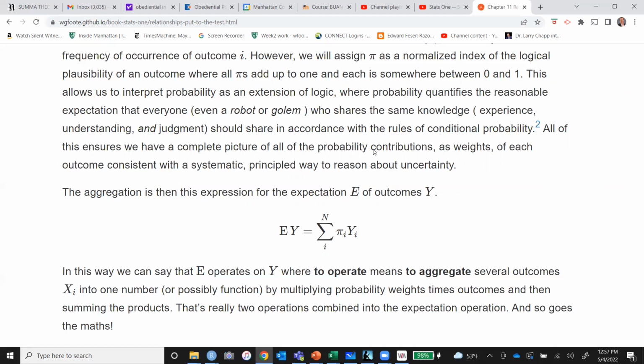And we're going to use this notion of P being an operator, an expectations operator, where the operation is take any value of Y, and it's the sum product of that value of Y with its associated probability.